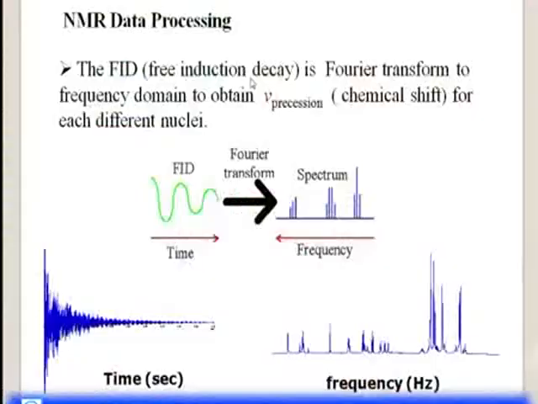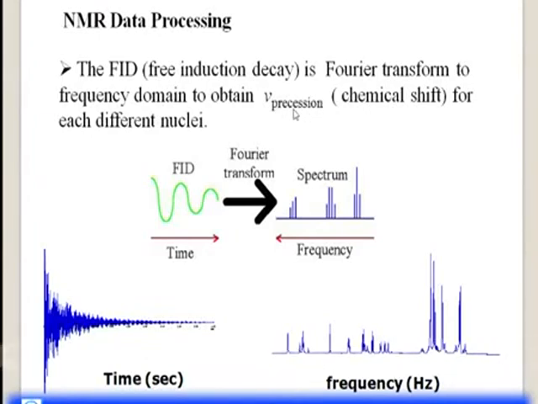The free induction decay, that is FID, is Fourier transformed from the time domain to the frequency domain, to obtain the frequency. Which frequency? We know that a proton precesses around the applied magnetic field.